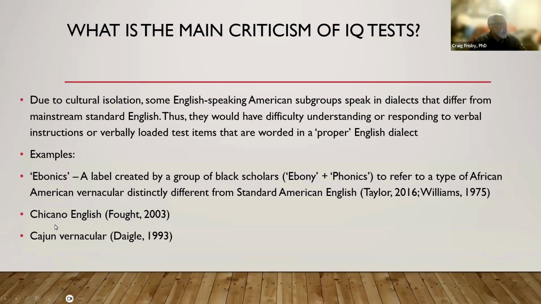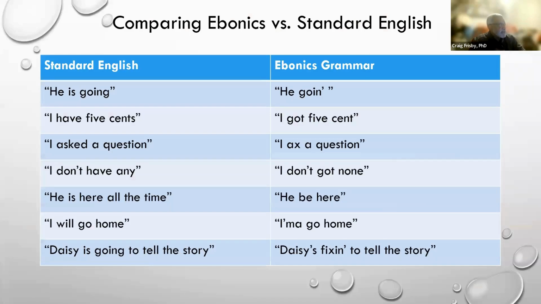We've also identified a dialect called Chicano English and another dialect called Cajun vernacular. An example of that is on the left, you have the English phrases or words, and on the right, particularly if we're looking at Ebonics, you have what you sometimes hear some Black kids say, with respect to how they translate into Ebonics from standard English.